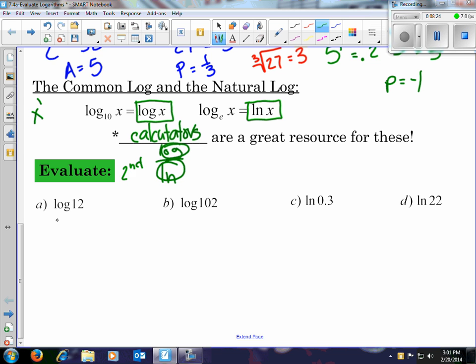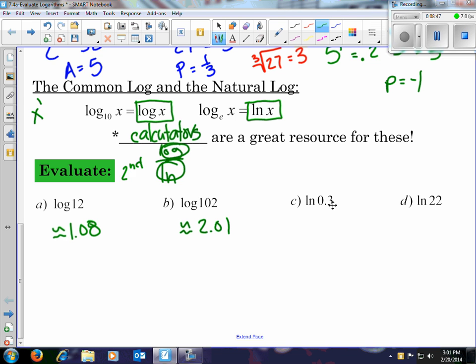So what I'm going to do is type in log of 12 into my calculator, and it gives me approximately 1.08. And I'm going to do that for all of these. So I have log of 102, and you can type that into your calculator first and make sure you get the right answer. It is approximately 2.01.